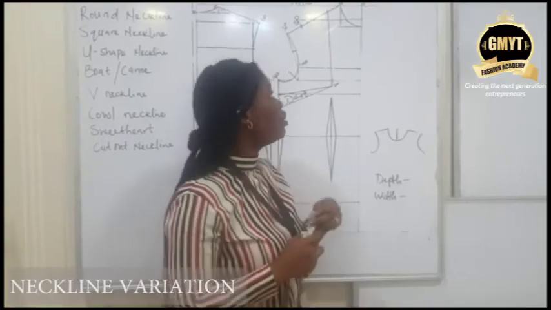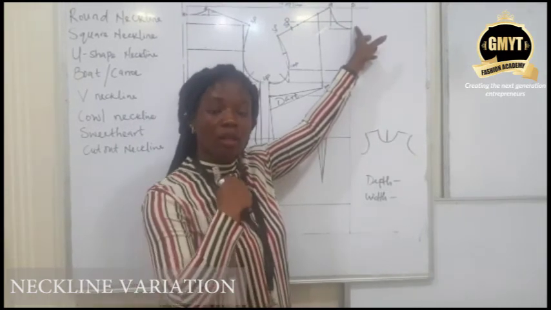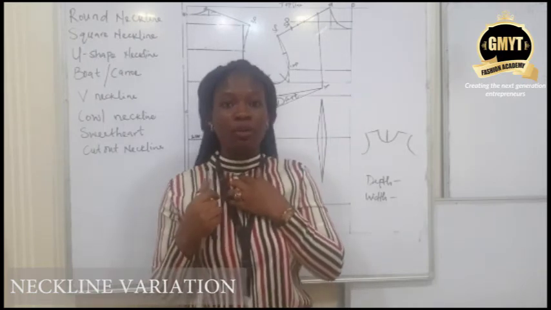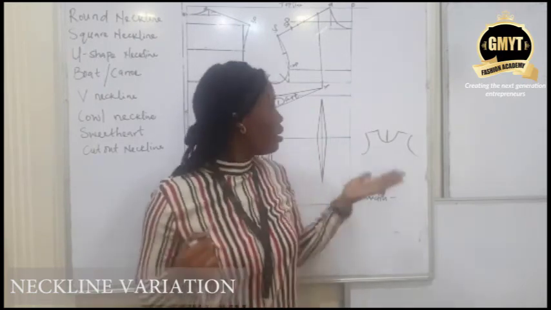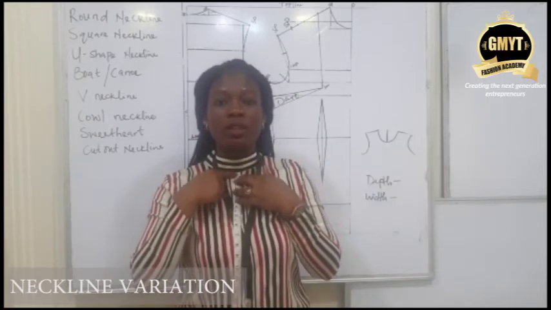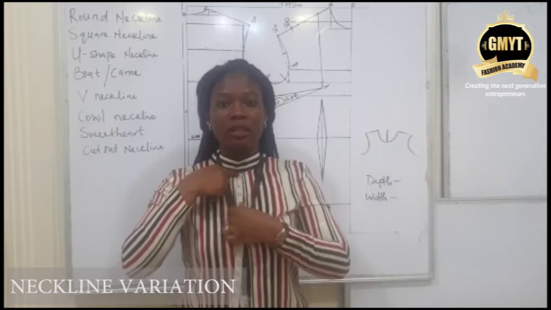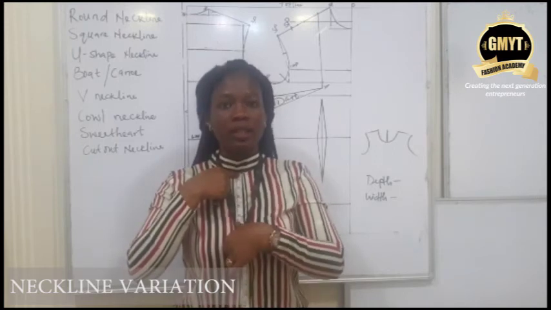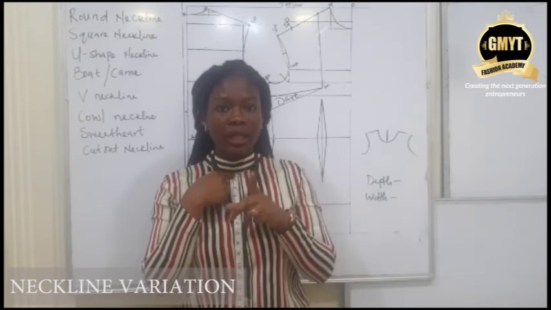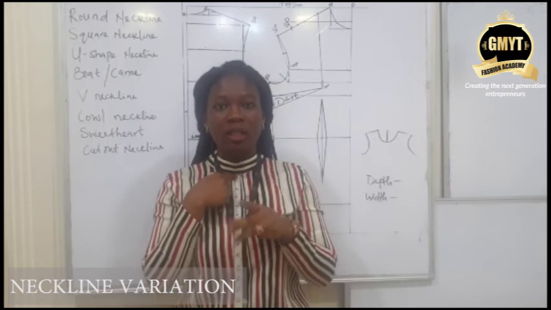As we all know, this is the neck base of your body, like this your collarbone, and you want to achieve this depth. All you need to do is place your tape rule on your collarbone right here, then measure whatever depth you want. And remember, I said your round neck shouldn't pass your chest line.